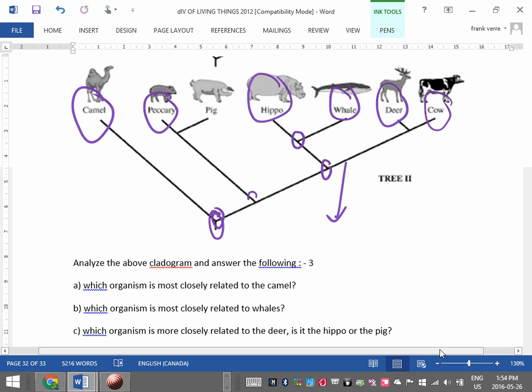So what is it? It is the hippo. Here's the deer, here's the hippo. The branch point that connects these two is right here. The deer and the pig are connected at this point, further back in time. So that means that the hippo and the deer are more like each other. Okay?